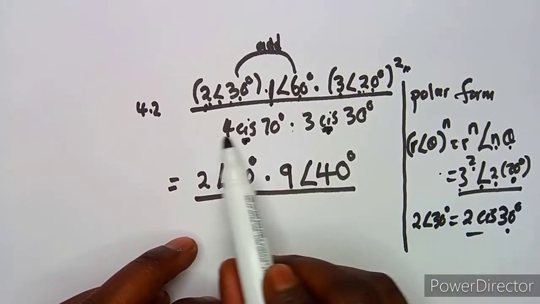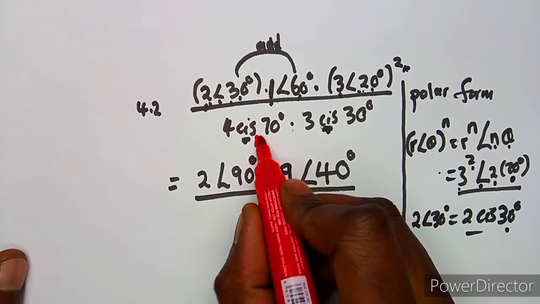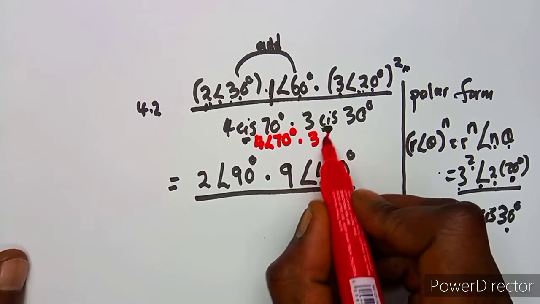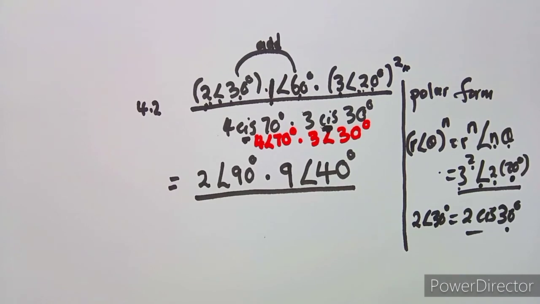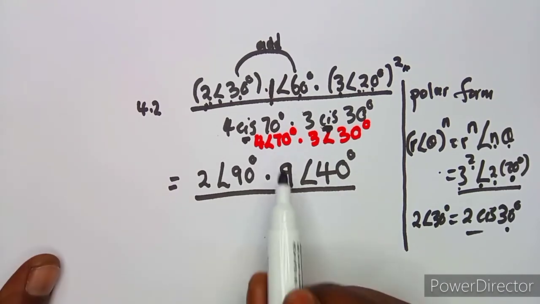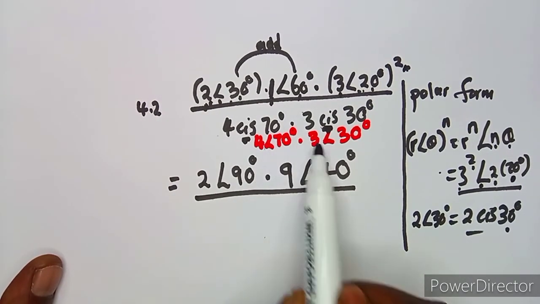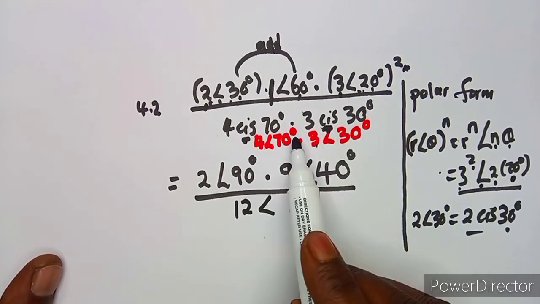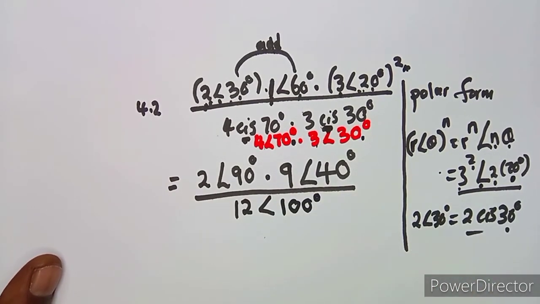This part is not different from what was supposed to be written as 4 angle of 70 degrees by 3 angle of 30 degrees. It's just one and the same thing. So you can apply the same concept that you did here to multiply the numbers together, which is 4 and 3, which is 12. Then we said we are going to add the angles. So you add 70 plus 30, which is 100, like that.